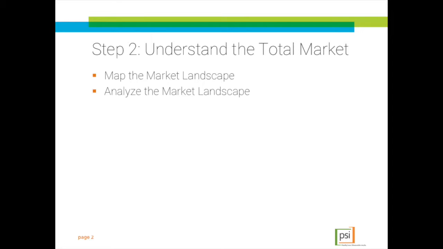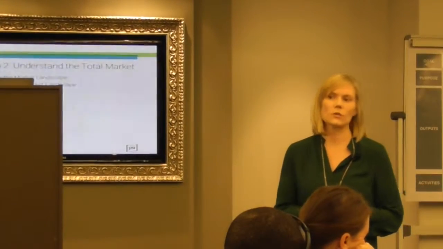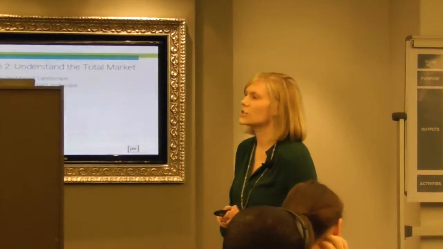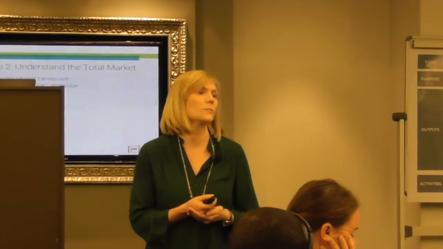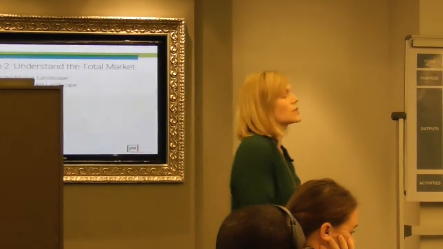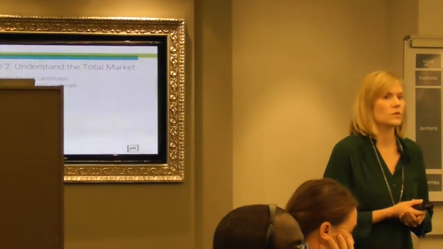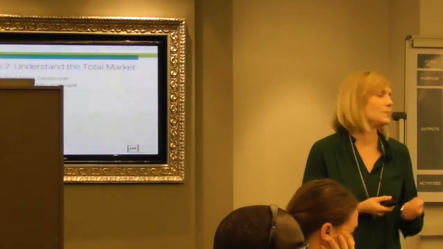And the second step within this step 2, so 2.2, is analyze the market landscape. So once we have our market mapped or landscaped, we need to start to bring a filter to that and start to analyze what it means, where are the pain points in the market, where are the market failures. So we can go to the next step in our process, which we'll be discussing tomorrow.